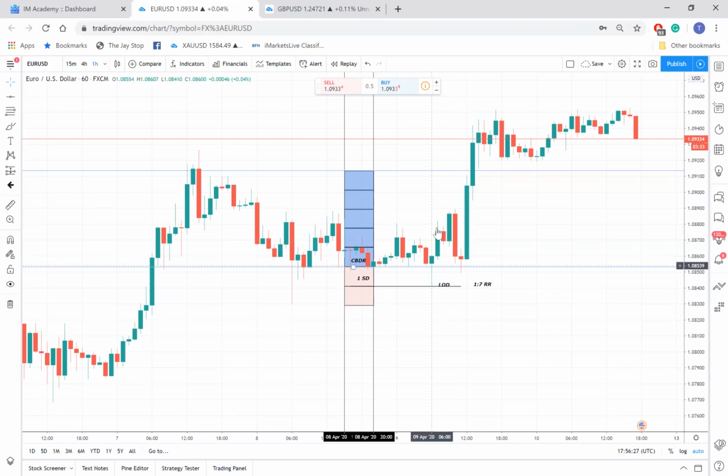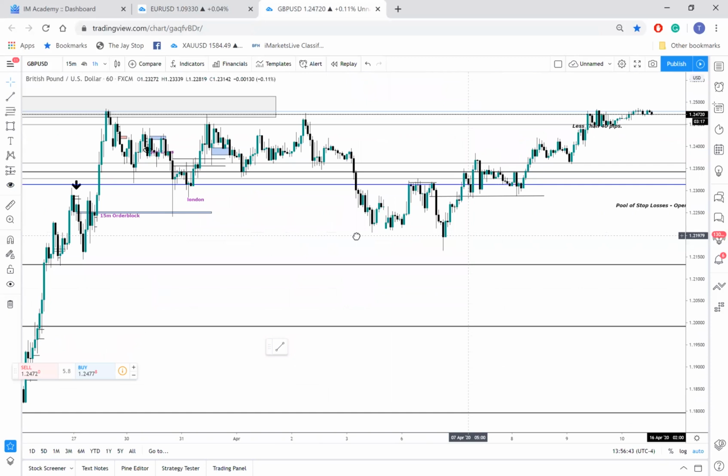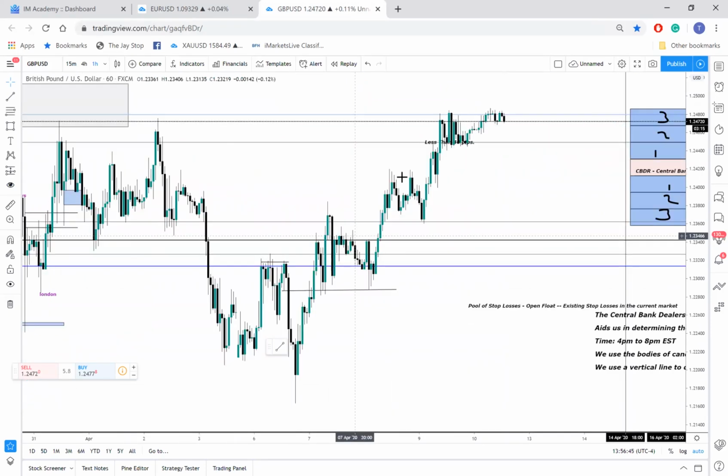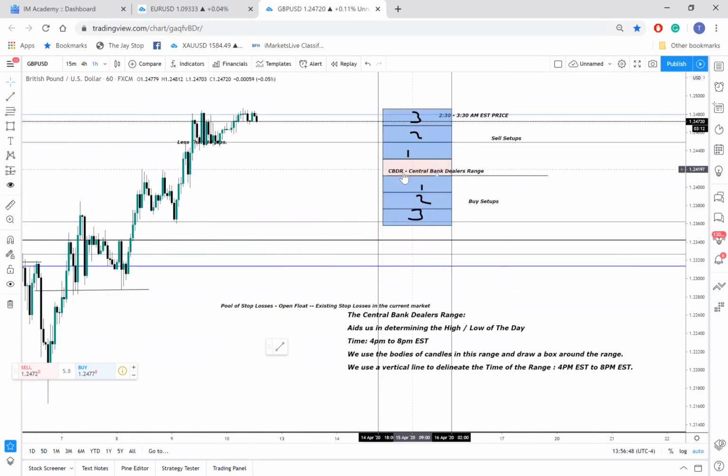So off of this trade, you would have made about 50 pips right there. It comes back down, retests, and then blasts through for New York. So that's that example for EU. Central bank dealer's range, they went one below, they set the low here, and then they went bullish.